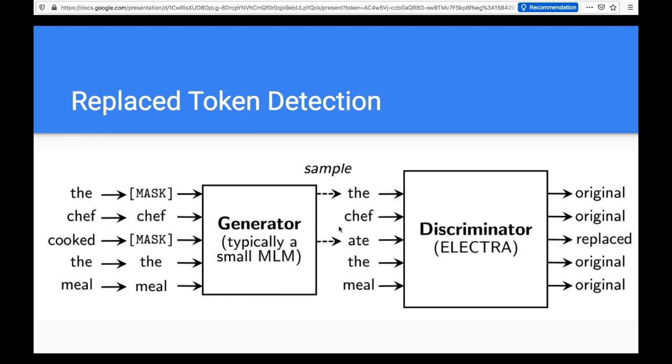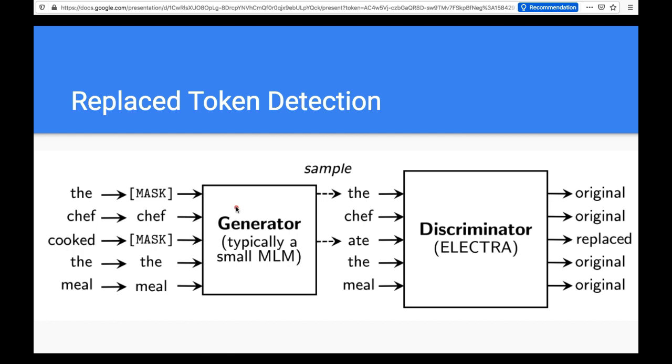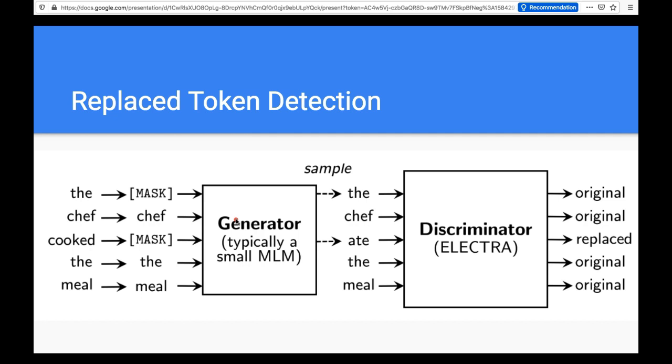At inference time, we only use the discriminator as a pre-trained language model, and we throw out the generator. The typical architecture of ELECTRA uses a smaller masked language model as the generator, and there are some reasons for that which I will talk about later.